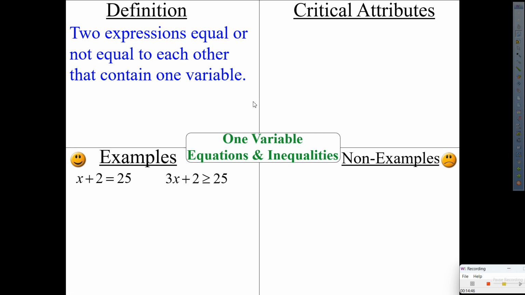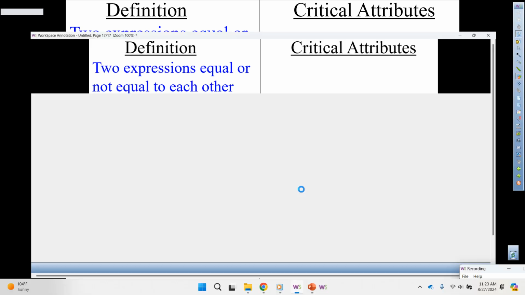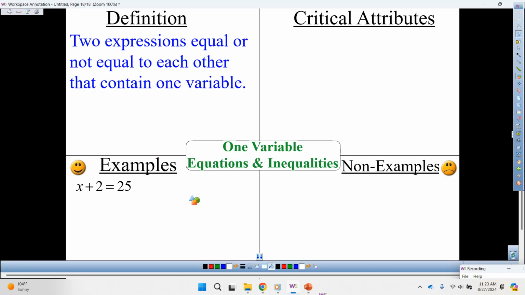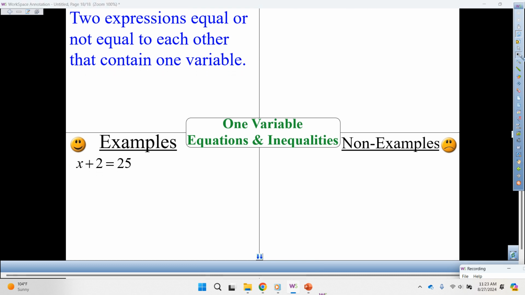According to the definition, each one of these is two expressions equal or not equal to each other. So let me go back just to this one. Look up, writing utensils down. I'm going to focus on this one only. According to the definition, we have two expressions.